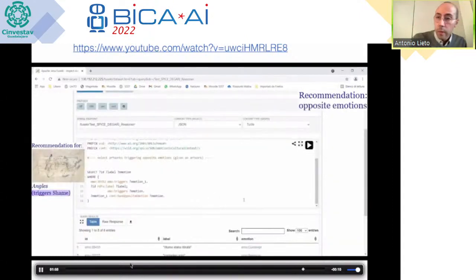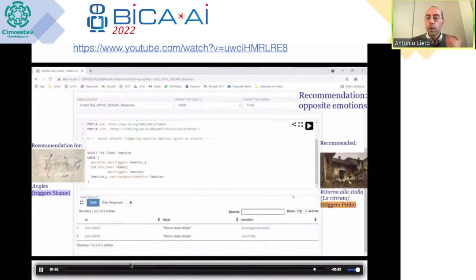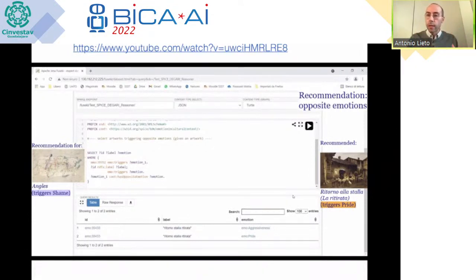So, differently from a standard recommender system, we were also able to suggest to a user, for example within a collection of museums, items evoking opposite emotions with respect to the ones he or she was watching during a visit to a museum, or items evoking similar emotions. This idea is important in the context of our project, because our project was aiming at providing inclusive recommendation.